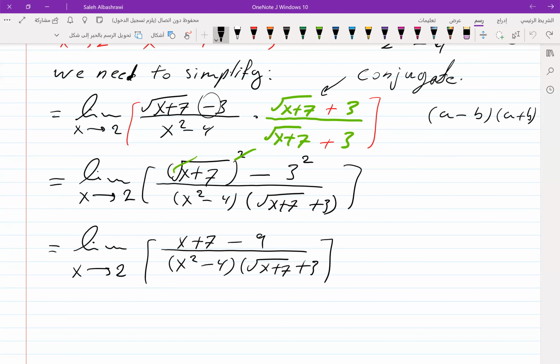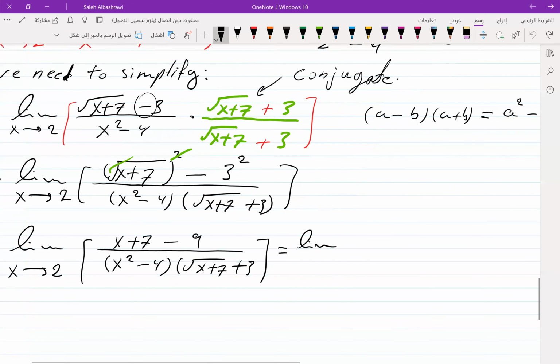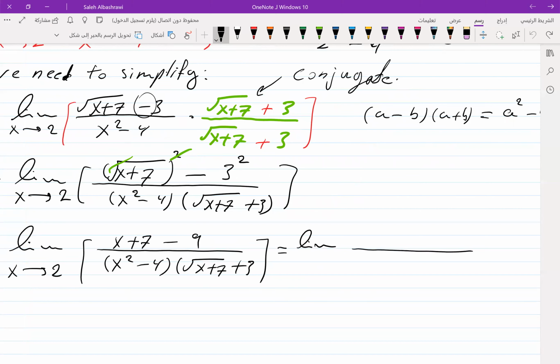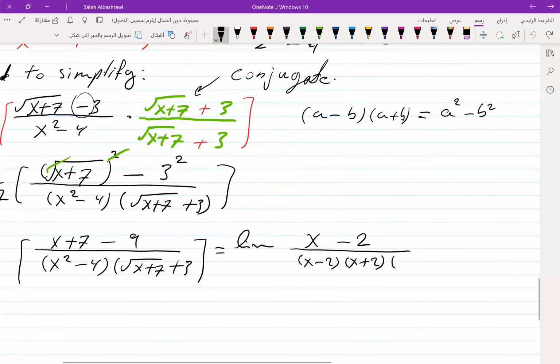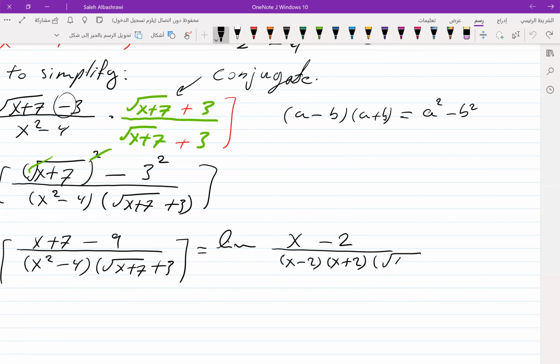For the numerator, I will have x plus 7 minus 9, which is x minus 2. Down I have x squared minus 4, which can be written as x minus 2 multiplied by x plus 2, multiplied by square root of x plus 7 plus 3.